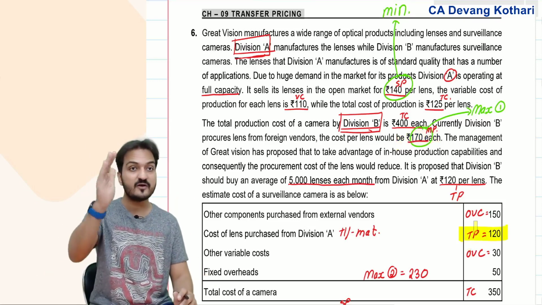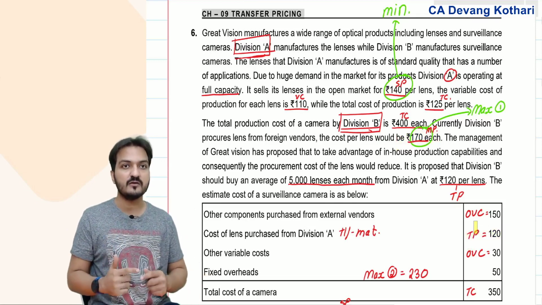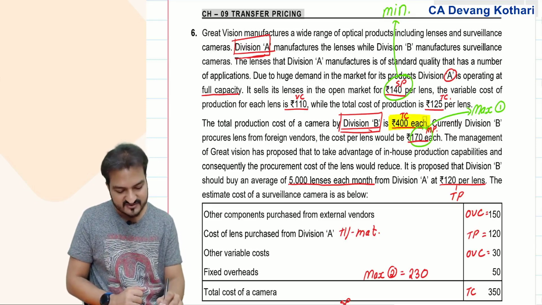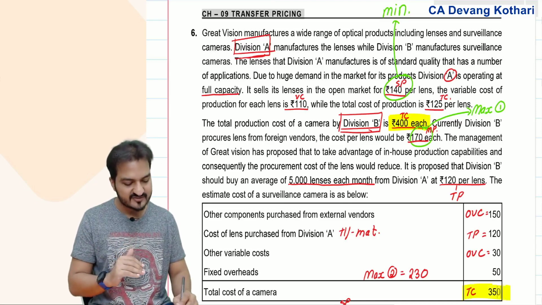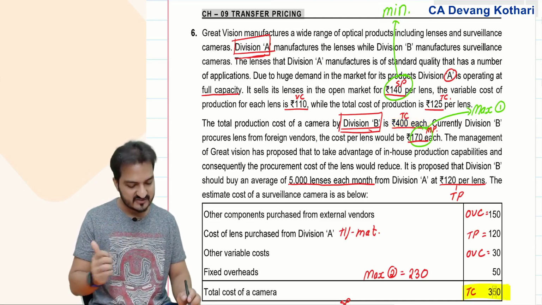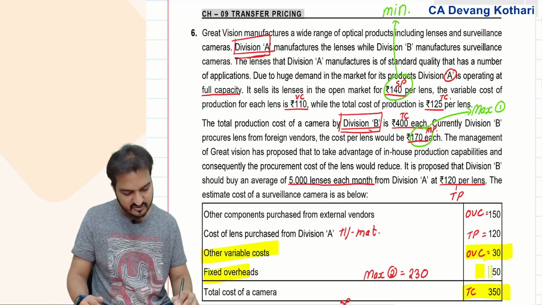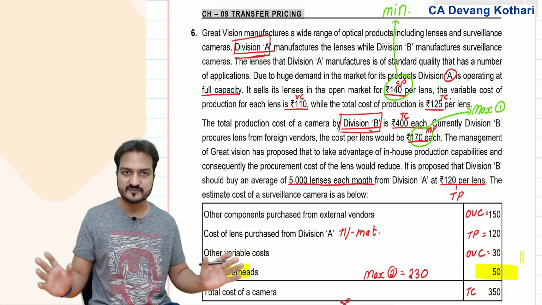So instead of 170, 120, 50 rupees less. Because the transferred material is now costing 50 rupees less, the total cost of Division B from 400 has reduced by 50. Now it is 350. Still, other variable cost is given as 30 and fixed overheads of that division are given as 50. Again, assume that fixed cost is a common fixed cost.